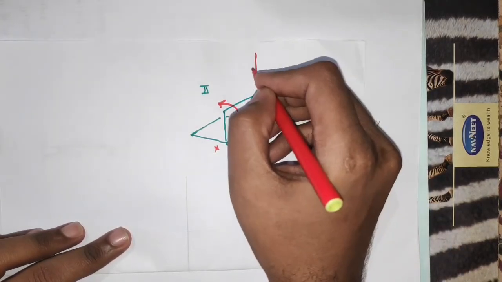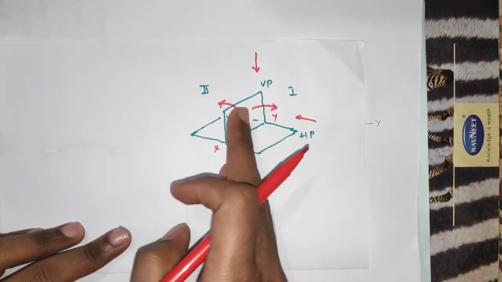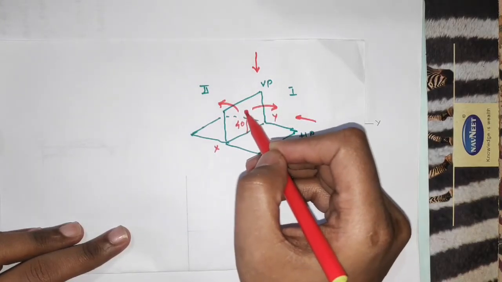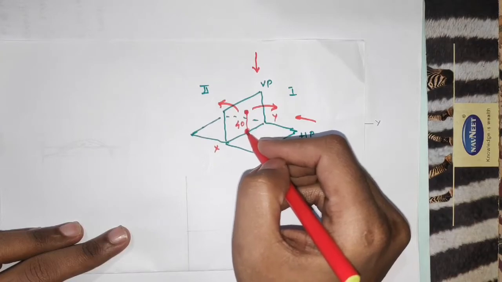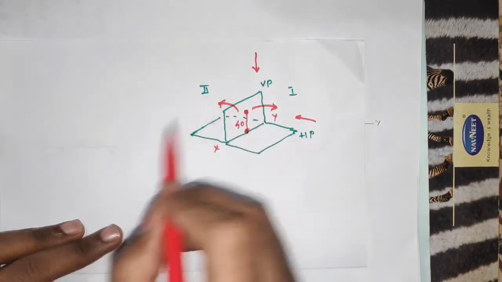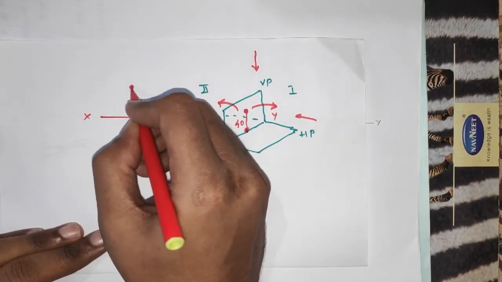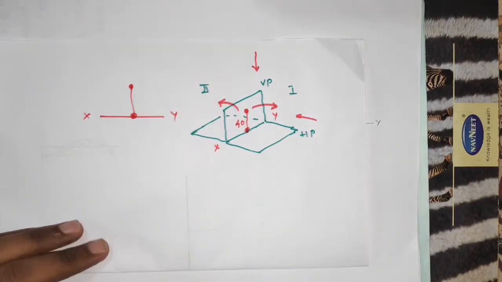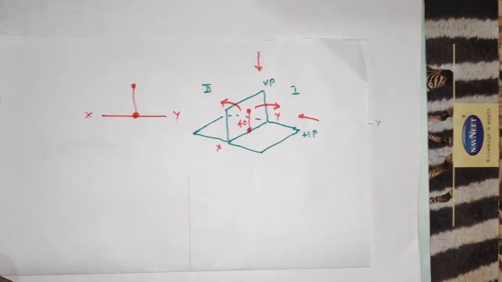But when you see from the top, since this point is on the vertical plane, that is, it is neither in front of nor behind this plane, where do you see this particular point? The projection of this point will lie on the XY line. So this will be your front view, and the top view will lie on the XY line. Is this clear to you? The same concept, the same method, we will apply to our solution.